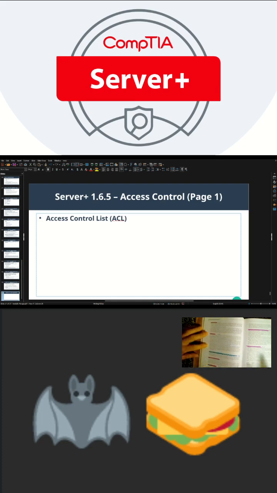But anyway, authorization to use a network resource. ACL. Authorization to use a network resource. There are many types of ACLs, okay? Such as those allowing access to a network.